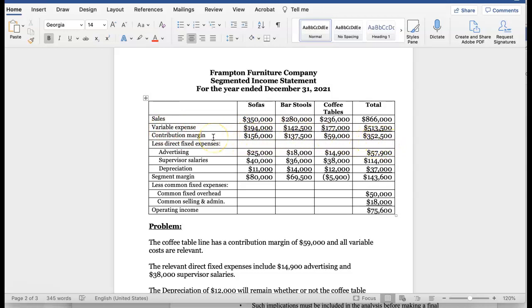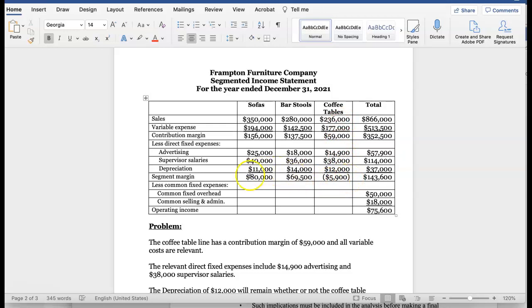From the contribution margin, we break down the fixed expenses into direct fixed expense and common. Under direct fixed expense, this company has advertising, supervisor salaries, and depreciation. Subtracting those from the contribution margin gives us the segment margin for each product line: sofas, $80,000; bar stools, $69,500; and coffee tables has a negative segment margin, a loss of $5,900.